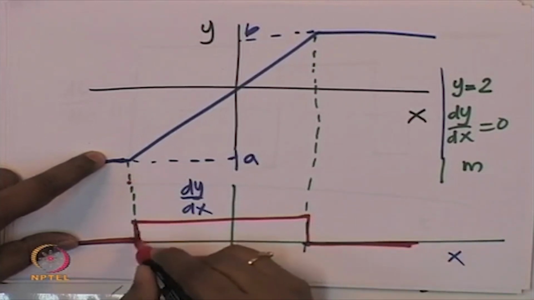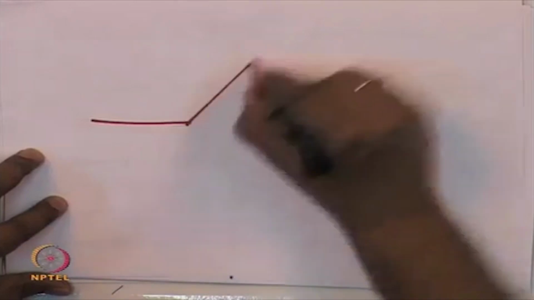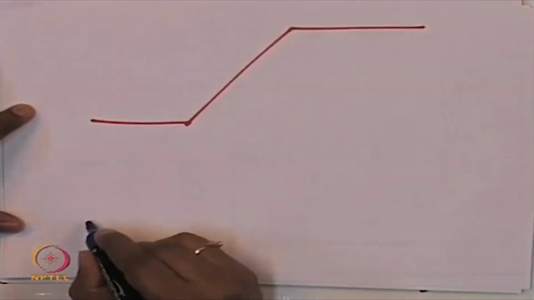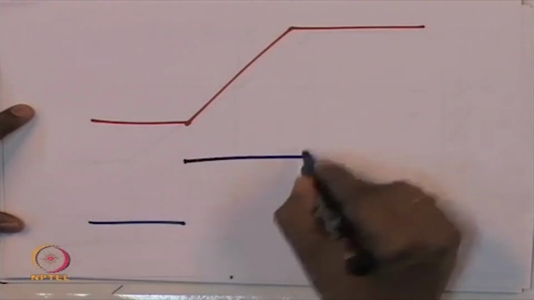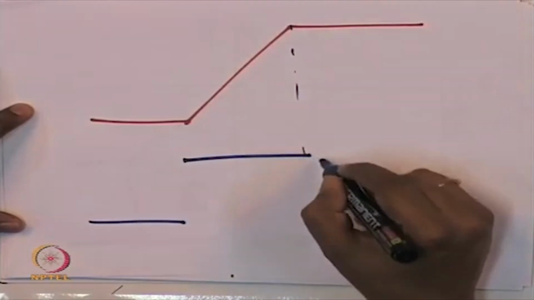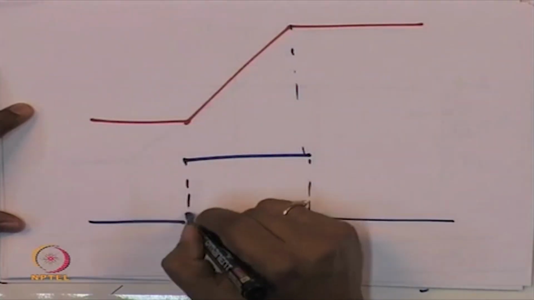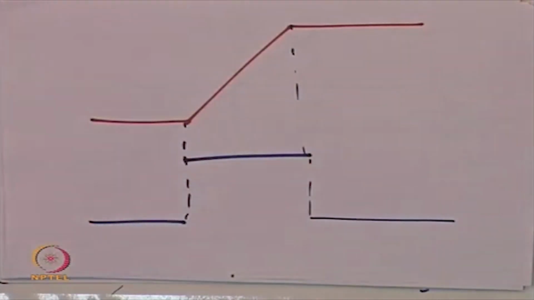So, this looks like a box function. The answer will look something like this: the derivative is 0 here, then it is a constant till this point, and then again 0 from there. So, this is your function and this is the derivative.